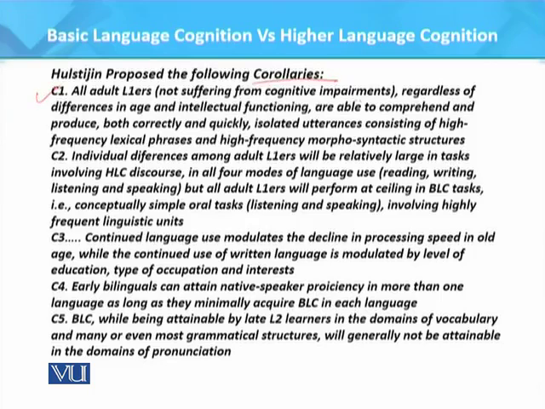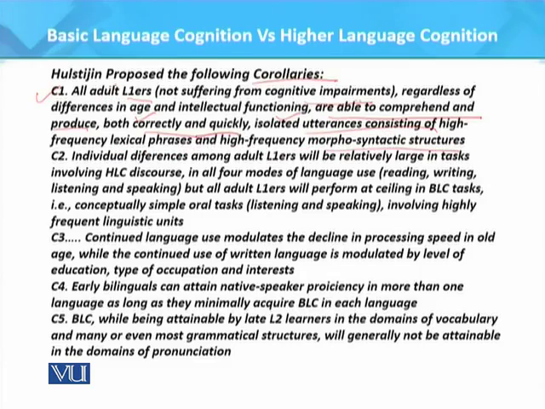The first corollary says, all adult first language learners not suffering from cognitive impairment, regardless of differences in age and intellectual functioning, are able to comprehend and produce both correctly and quickly isolated utterances consisting of high-frequency lexical phrases and high-frequency morphosyntactic structures.